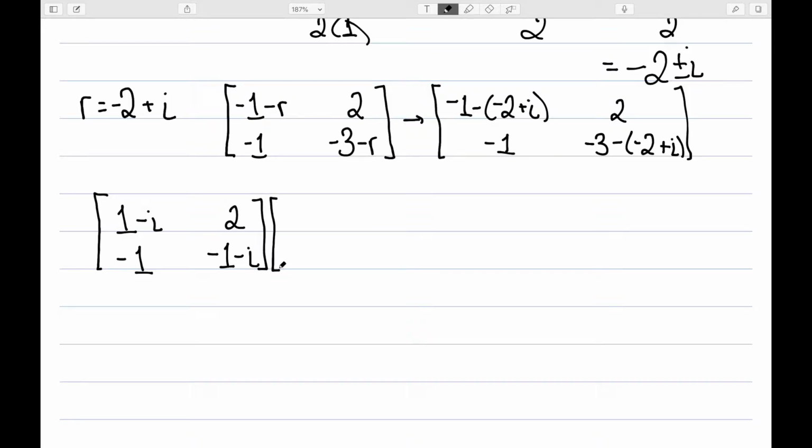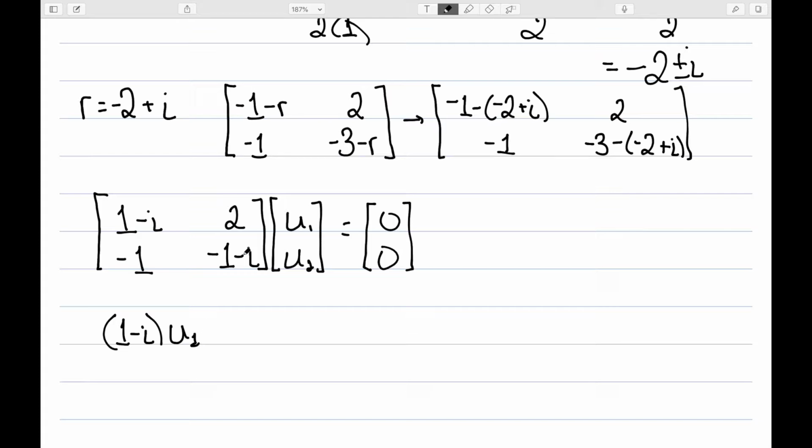And we want to know when I can multiply this by u1, u2, and still get 0, 0. As I multiply out my first row, I have 1 minus i times u1 plus 2 times u2 equal to 0.